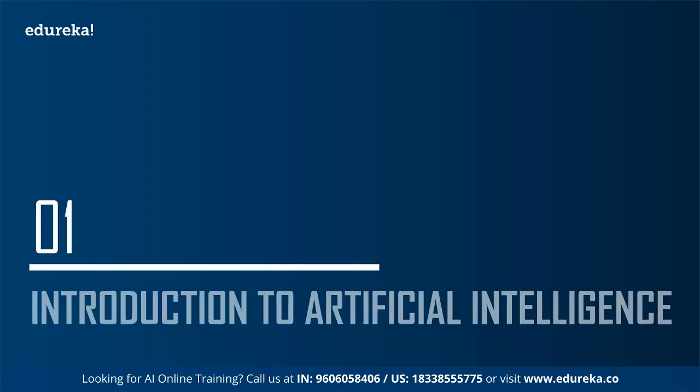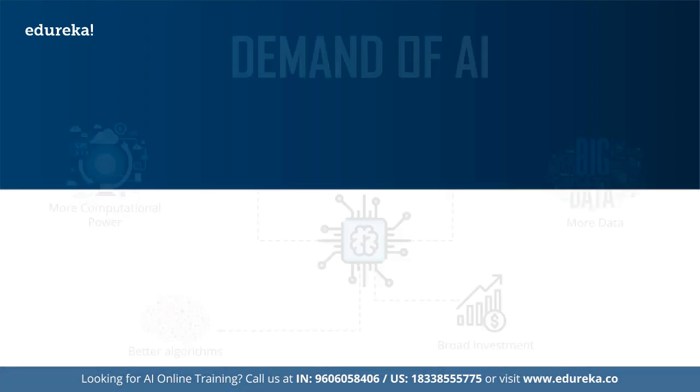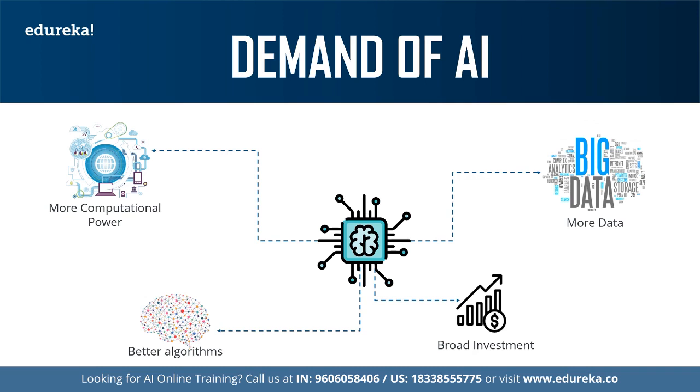Coming to the introduction of artificial intelligence, I wanted to give a little background. It started in the year 1943. Even though the name was not given at that time, the first work was done in 1943 by McCulloch and Walter Pitts. Later they realized that it belongs to artificial intelligence.